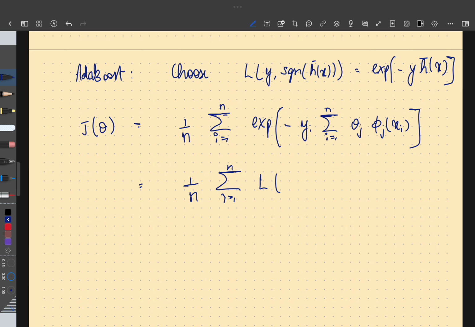More generally, this is L of yi, h theta of xi.